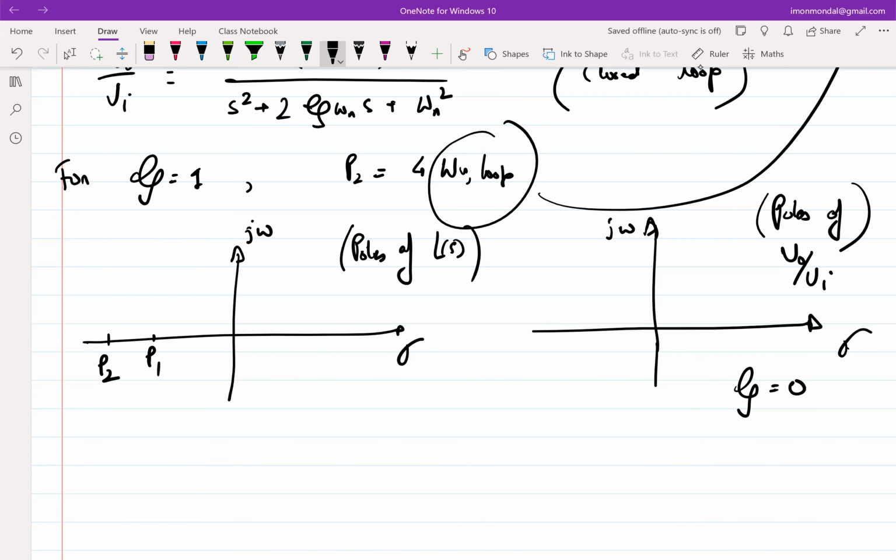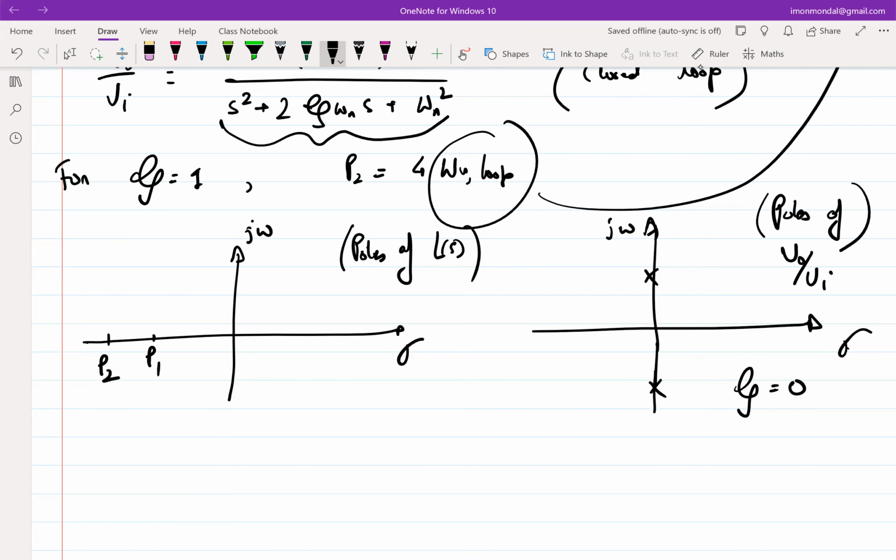On the j omega axis. More specifically, I am trying to find the root of the denominator. If zeta equal to 0, it will be on plus minus j omega n, right? So the more important part is it will lie flush on the j omega axis.